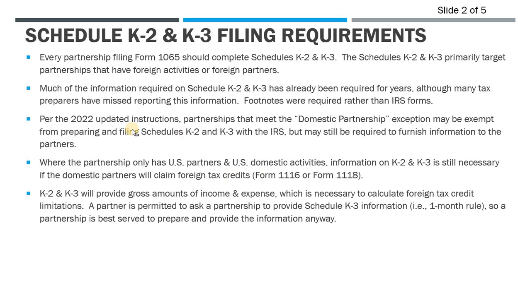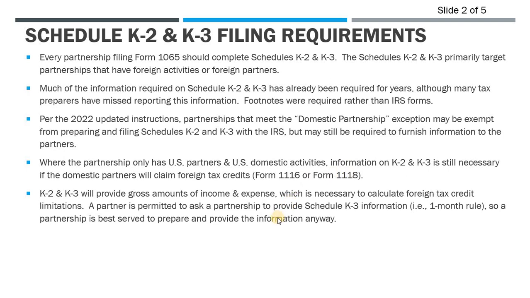Even in situations where you have partnerships and partners that fall within that realm, in my opinion, the K-2 and K-3 is still necessary, because when domestic partners are claiming foreign tax credits from other sources, so not this partnership, they need gross amounts of income and expense reported from pass-through entities. So if you take a close look at Form 1116 or 1118, the 1118 is the foreign tax credit for a U.S. corporation.